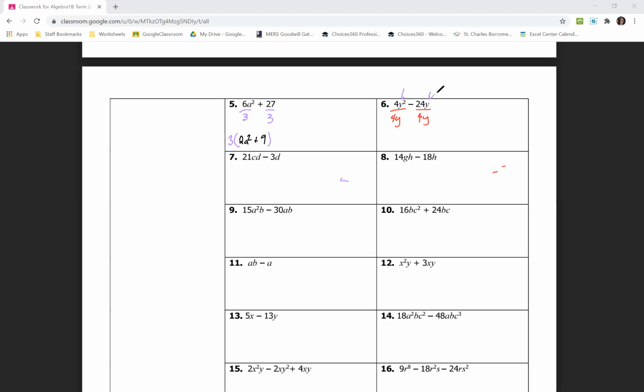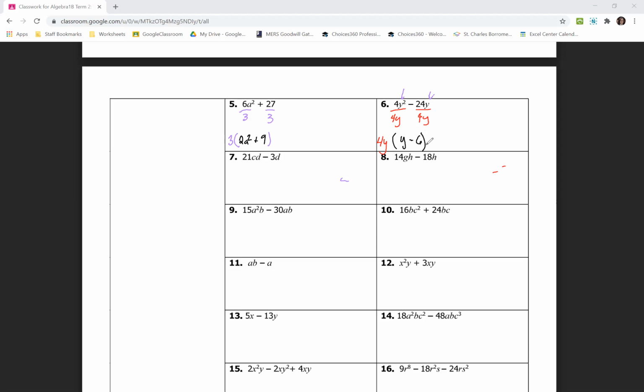So what are you going to be left with? I'm going to pull out the 4y. 4y squared divided by 4y leaves me just y, minus 24 divided by 4 leaves me with 6, and y divided by y cancels out. So I have 4y times the quantity y minus 6.